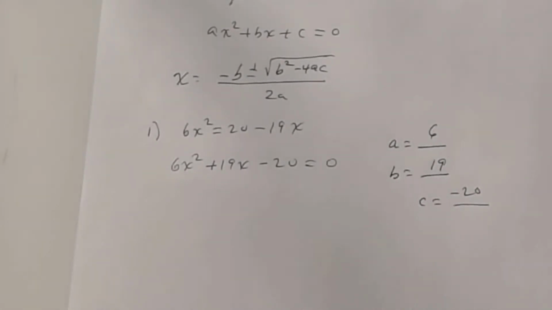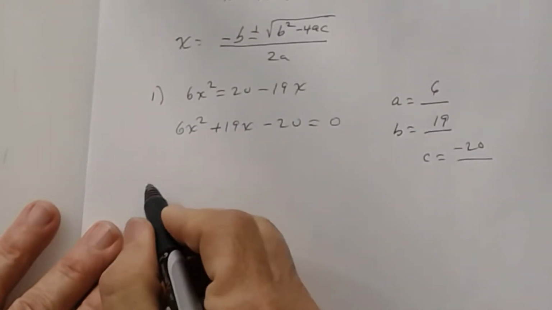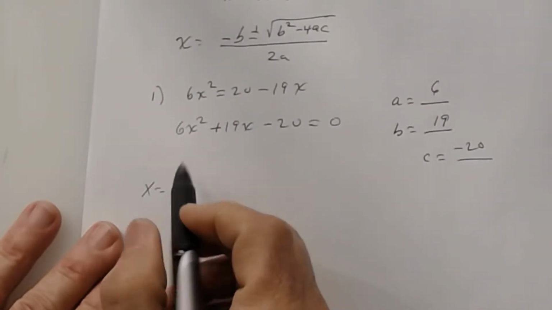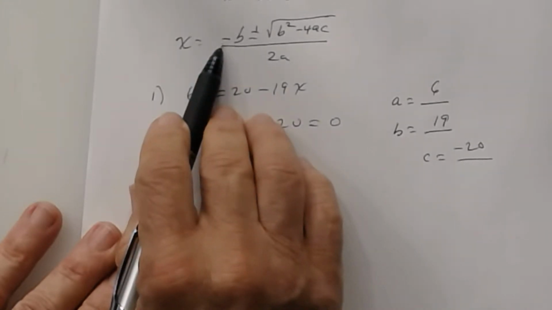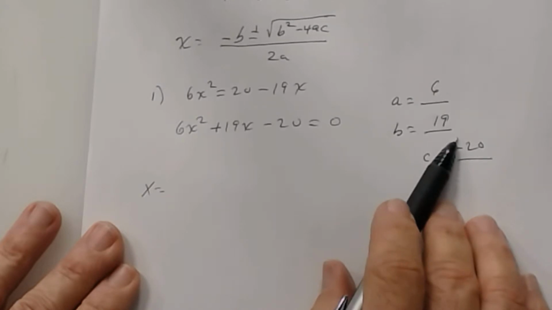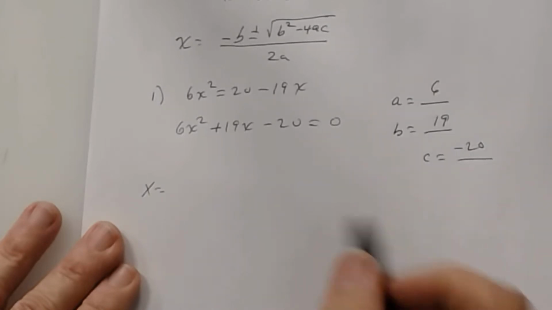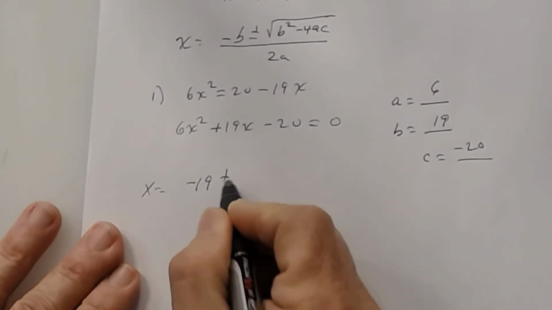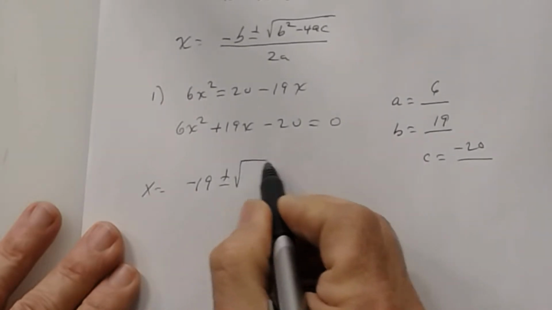All right, and then you just take those numbers and you plug them into your formula. So here we go. Listen to the words: x equals the opposite of b. Well, if b is 19, what's the opposite? Negative 19. Plus or minus the square root of.